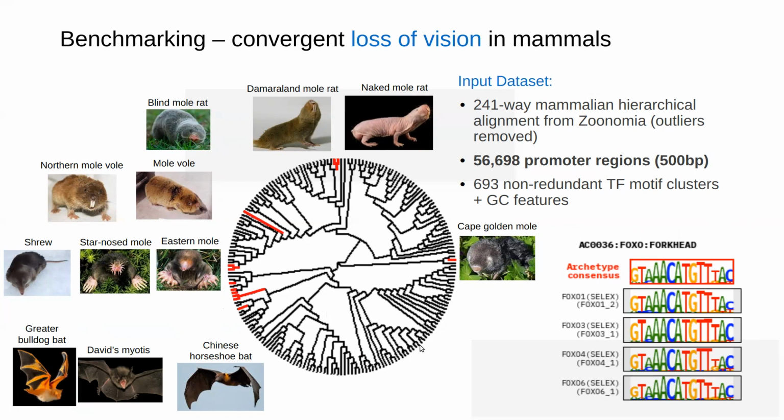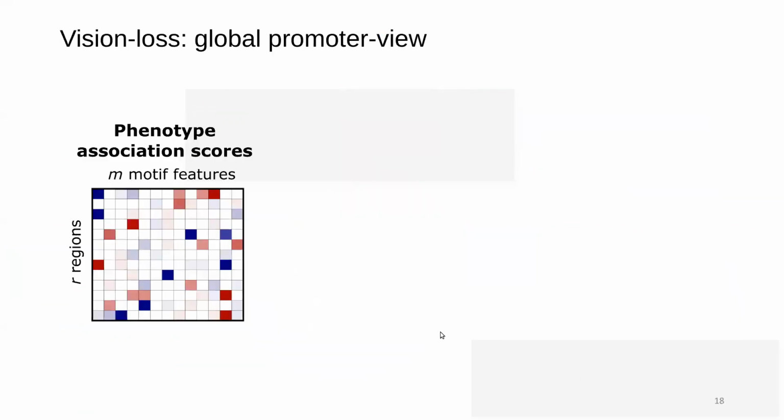We expect that in these species that have vision loss, we see degeneration, or relaxation of the evolutionary rate, in the protein coding sequence of eye-related genes. And we expect the same thing from promoters of eye-related genes. Even though we have quantified scores for a lot of different motifs, we can quantify a global motif loss score.